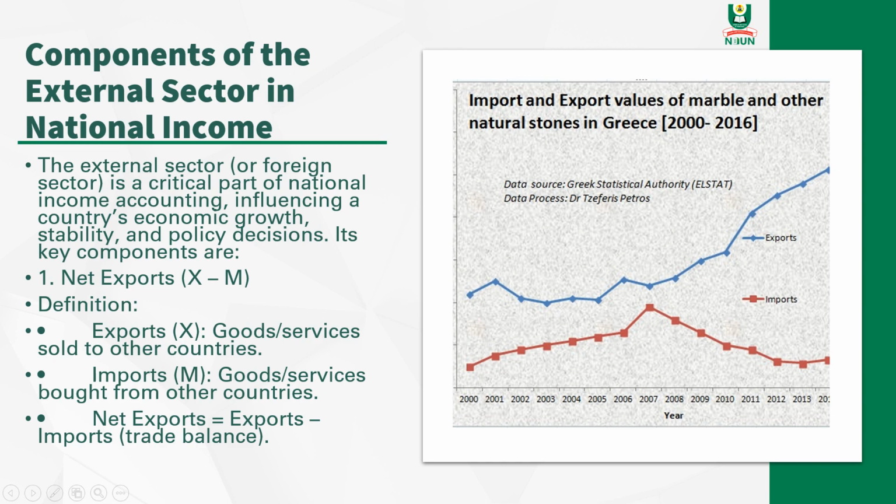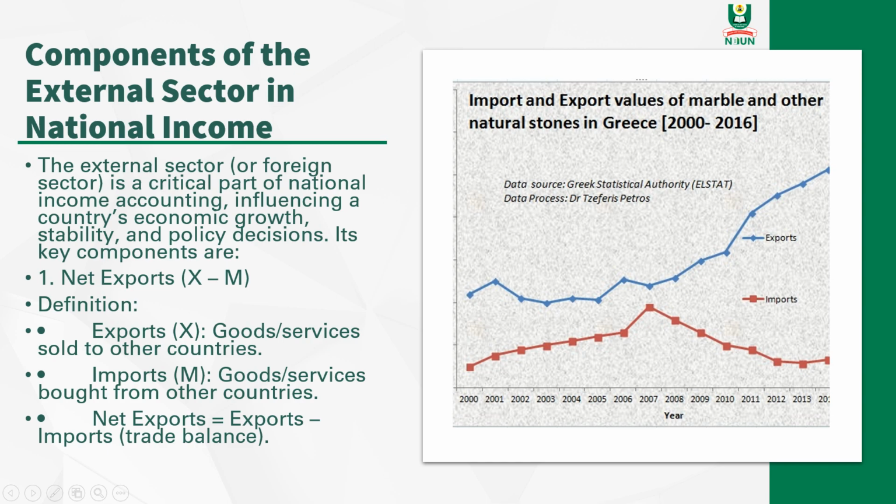If you look at the blue graph and the red graph, you see that the blue graph represents the export and the red represents the import. Over the years in Greece, you see that the export is growing and the import is dwindling. So they import less and export more. And that is what is expected to get the net export, which is X minus M.